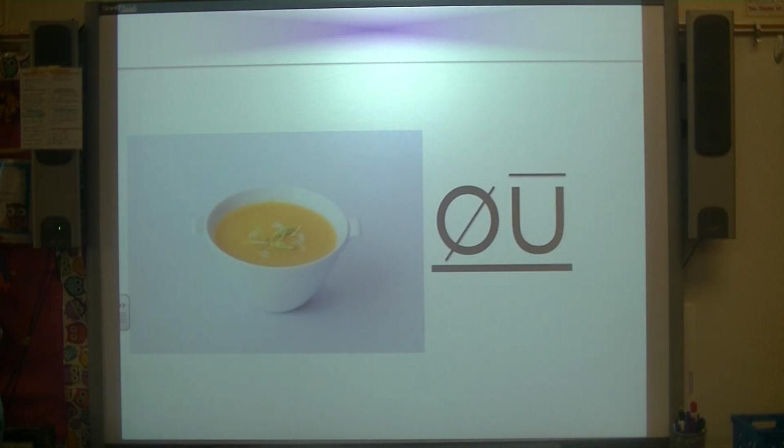Soup. Here we go. Soup. Digraph OU, ooh. Say it again. Soup. Digraph OU, ooh. Your turn. Soup. Digraph OU, ooh.